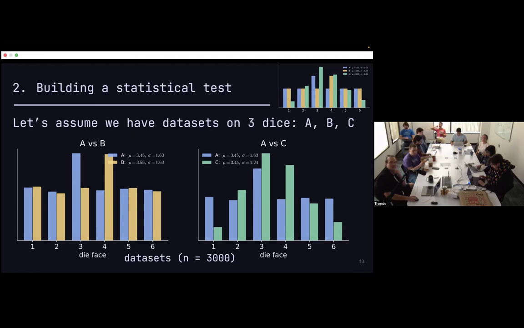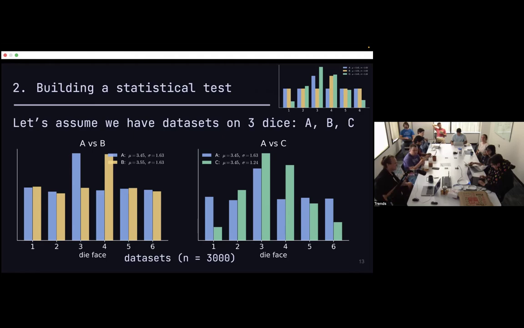Dice A and dice B are kind of uniform, but dice A is biased towards face 3, and dice B is biased towards face 4. Dice C is also biased towards 3, but it is less uniform than dice A.